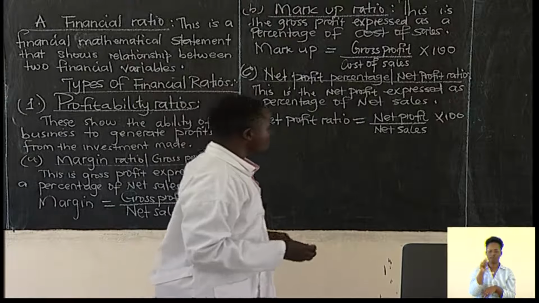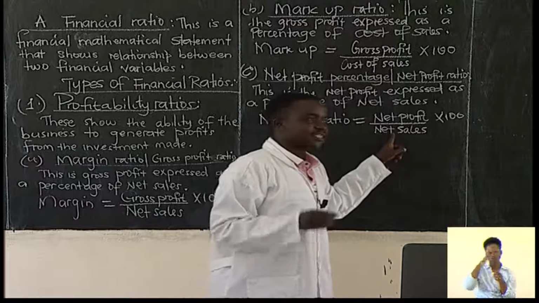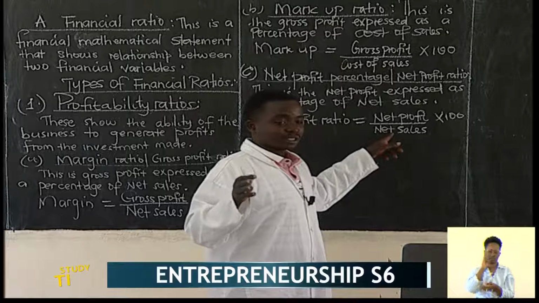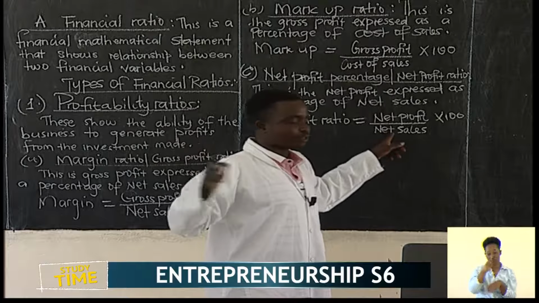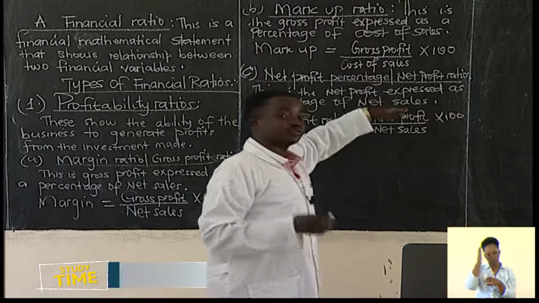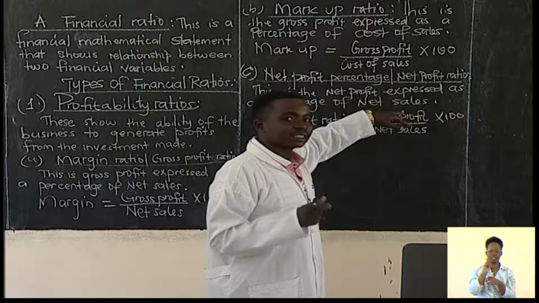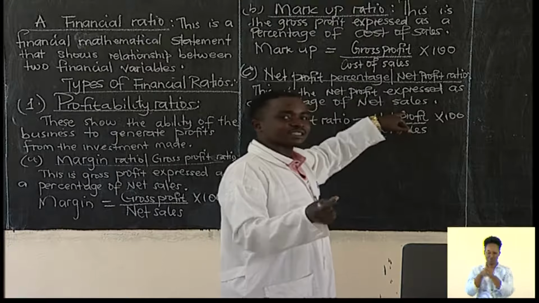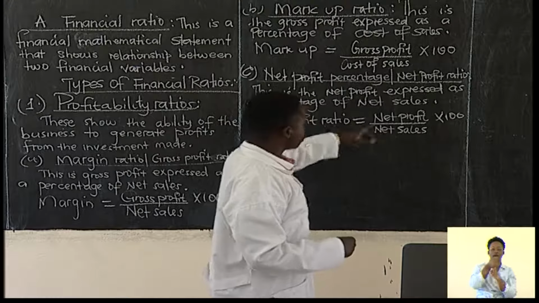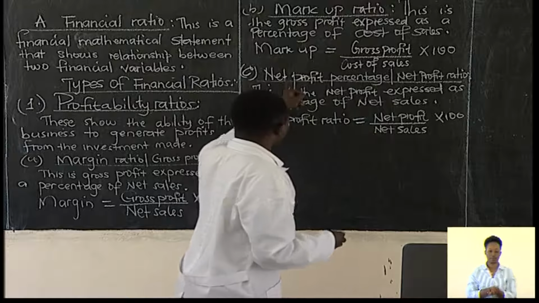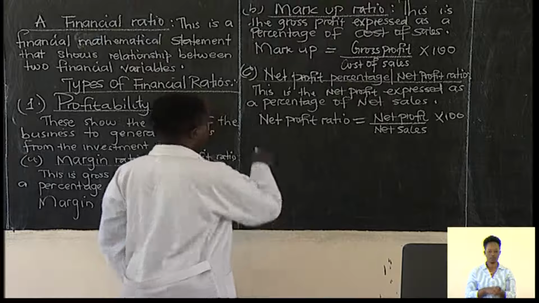We shall need to know each unit sold generates how much net profit. Remember, financial ratios and interpretation, that's our lesson. So if the net profit is 1,000, each unit sold, if you sold 5, generated how much net profit. So we shall need to interpret this. So this is net profit percentage or net profit ratio.